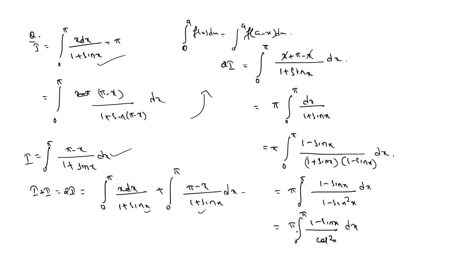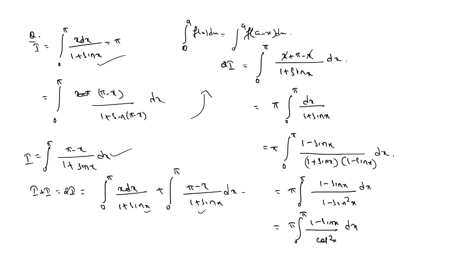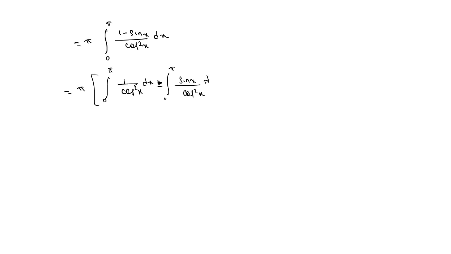Okay, so next we write this as pi, 0 to pi, 1 minus sin x divided by cos square x dx. Okay, so we write this as 0 to pi 1 by cos square x dx, and also 0 to pi, sorry, this is not plus, this is minus, sin x divided by cos square x dx.